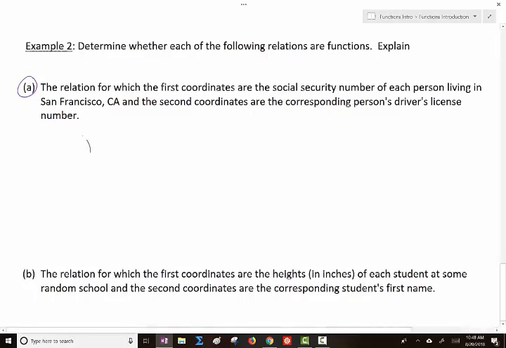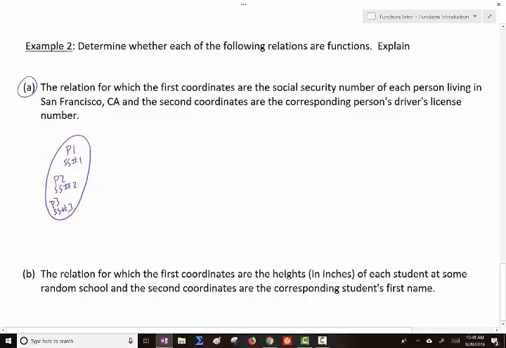So you can think of a couple different people here. Maybe we say person 1 has social security number 1, person 2 has social security number 2, and person 3 has social security number 3. They each have a unique social security number.